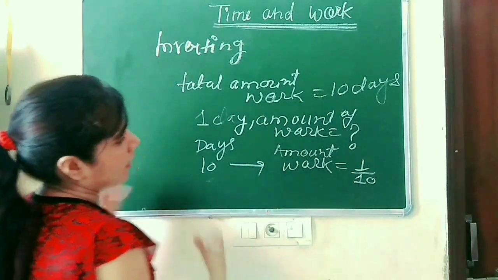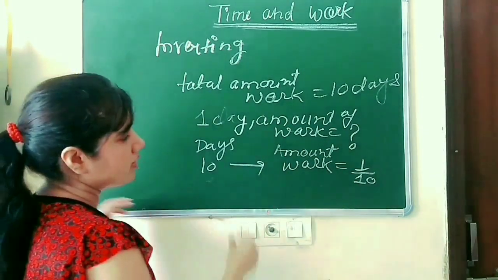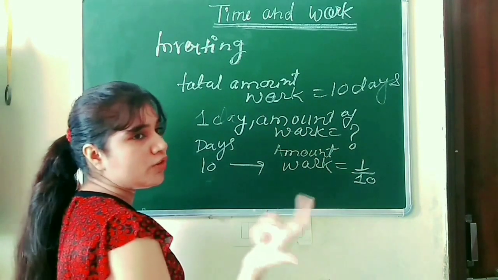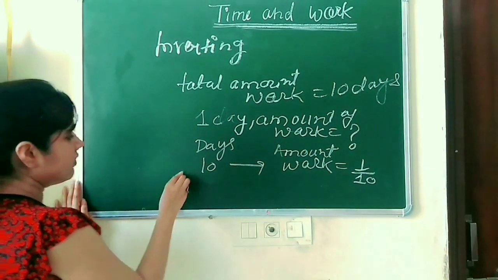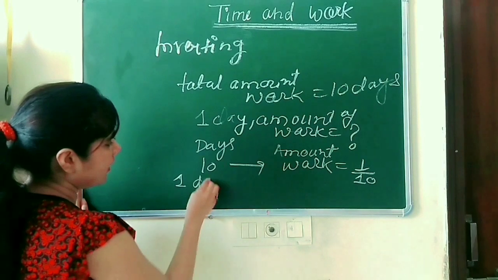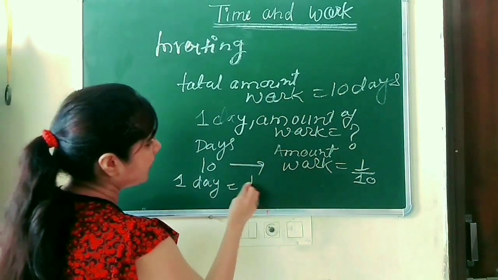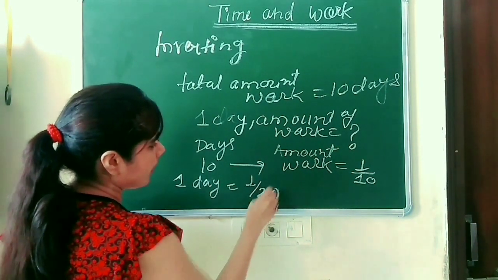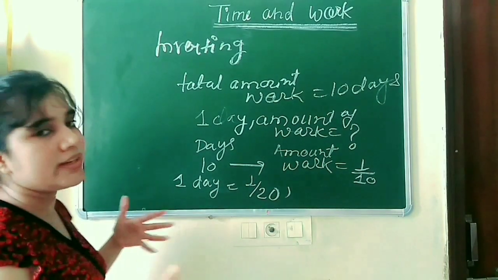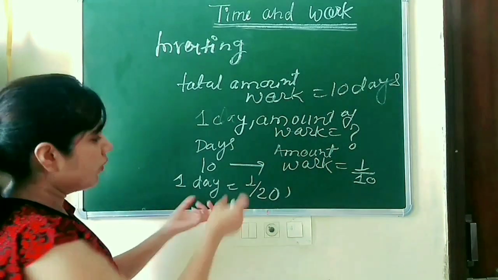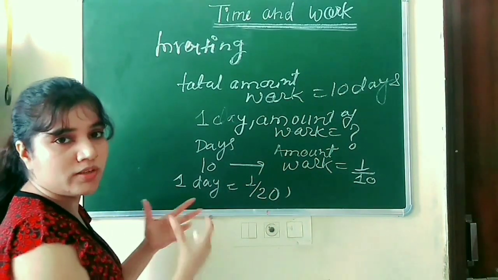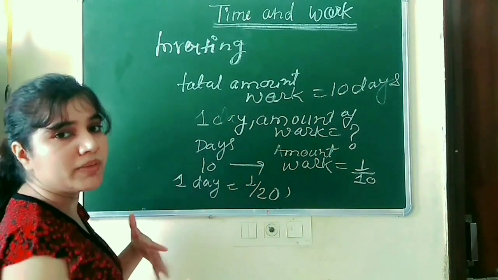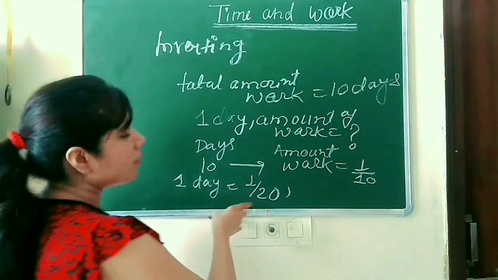Now suppose in a question they give the amount of work for 1 day as 1 by 20, and then they ask how many days are required to finish the work, to do the one complete work. How will we find it?